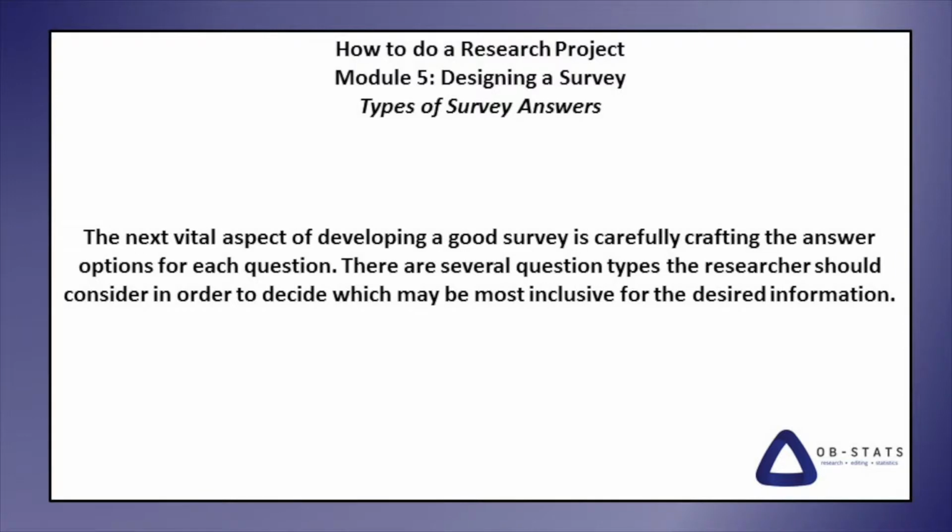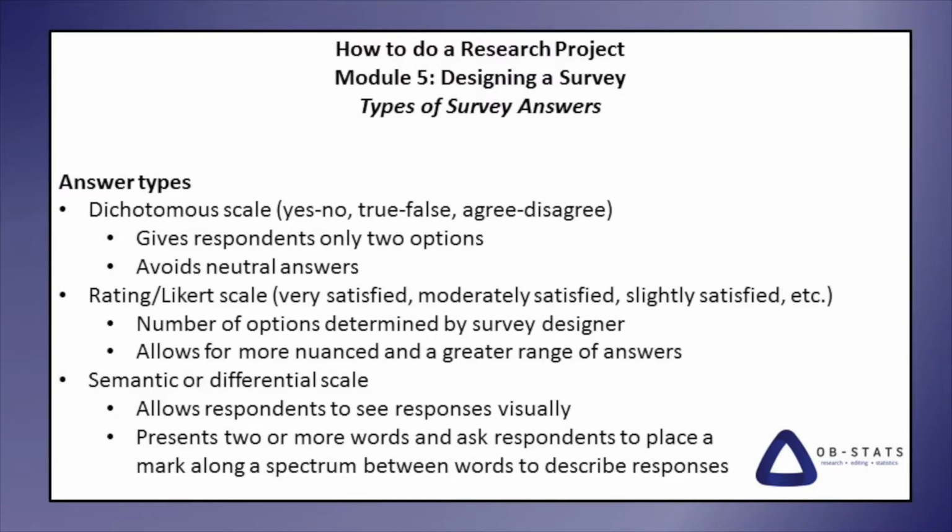The next vital aspect of developing a good survey is carefully crafting the answer options for each question. There are several question types the researcher should consider in order to decide which may be most inclusive for the desired information. The first type of answer is a dichotomous scale. Yes, no, true, false, and agree, disagree questions fall into this category, and they can be useful because they do not allow respondents to give neutral answers.